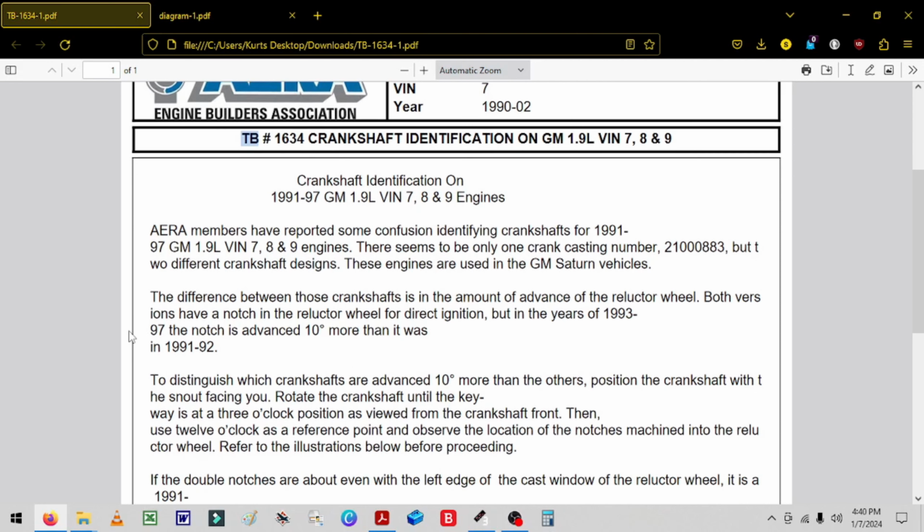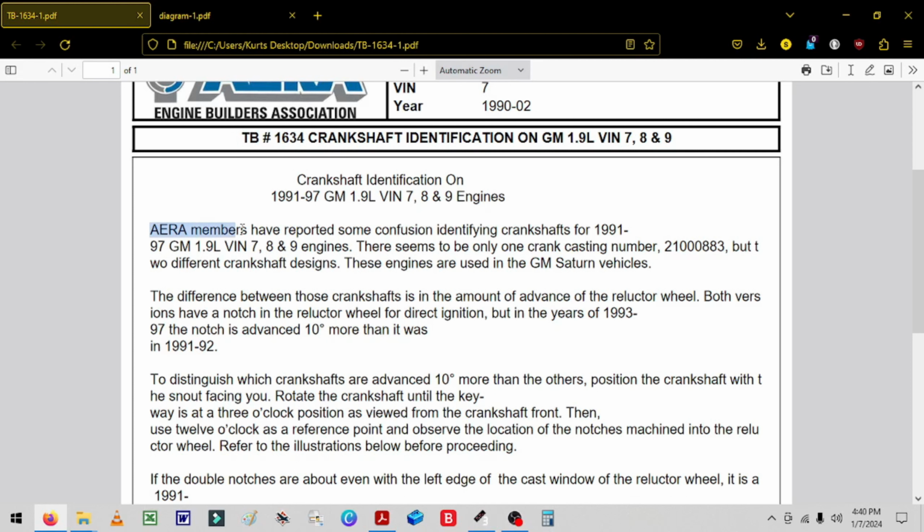So it says right here, if you read with me, AERA members have reported some confusion identifying crankshafts for '91 to '97 GM 1.9 VIN 7, 8, and 9 engines. There seems to be only one crank casting number, but 2 different crankshaft designs. These engines are used in the GM Saturn vehicles.